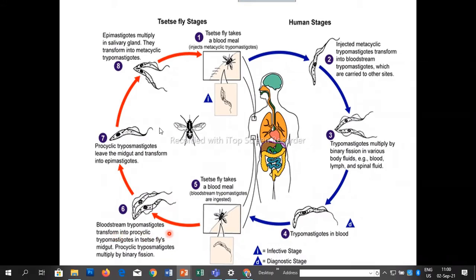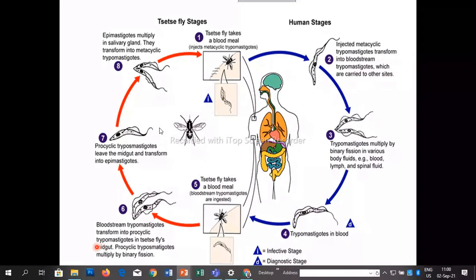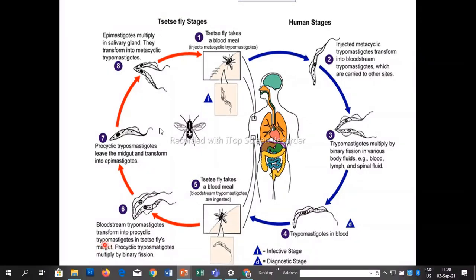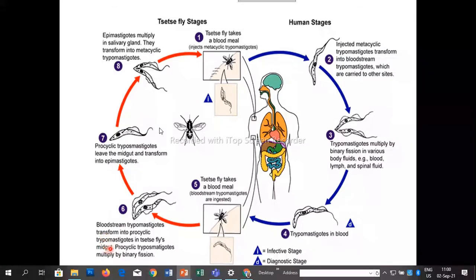Midgut is like the stomach of the insect, or the fly. Then the procyclic trypomastigote will multiply again by binary fission, whereby the procyclic trypomastigote will leave the gut of the fly and transform into an epimastigote.